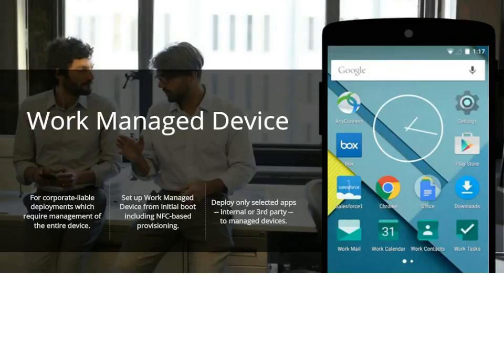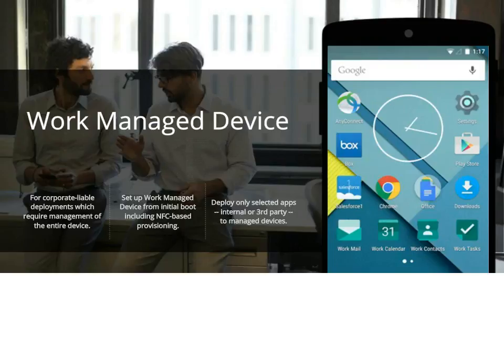Full device management, just as a general concept, is not something that's new with Android. So we've had some of that for years, but the APIs of Android for Work have been enhanced to provide a more complete coverage for what an EMM might want in terms of management. We've also added some very cool features with Android for Work, like the ability to set up a device completely via an NFC bump.